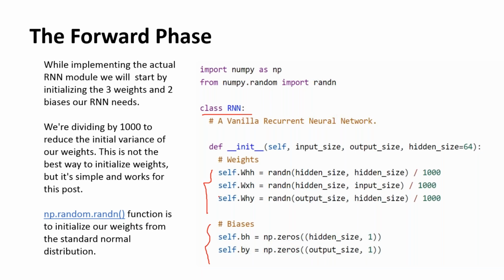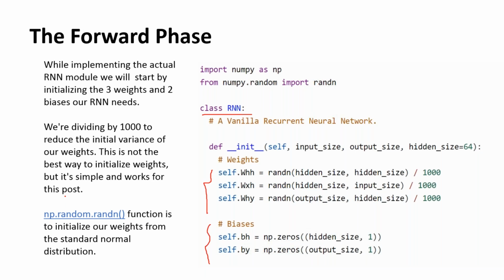So the weights and biases are the two things that actually make the complete RNN. We are dividing by 1000 to reduce the initial variance of our weights. This is not the best way to initialize weights, but it's simple and works for this particular post.